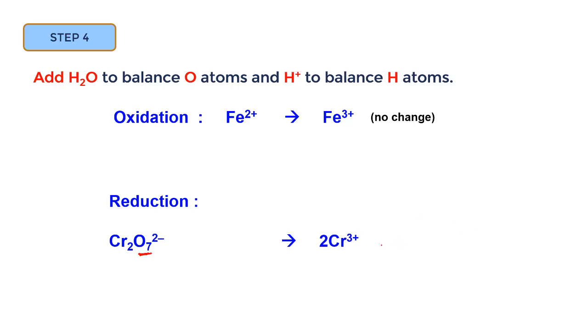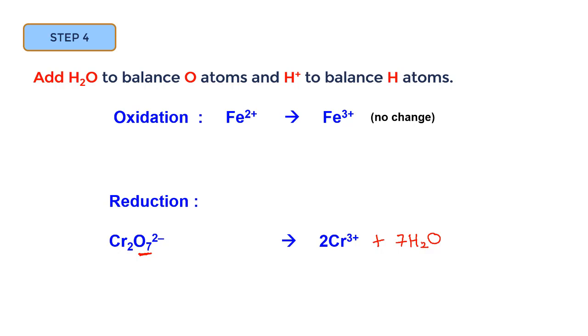While at the right side, there is no oxygen atom. So I need to balance the oxygen atom. How to balance the oxygen atom? I need to add 7 mole of water molecule. Because in 7 mole of water molecules, there are 7 oxygen atoms.